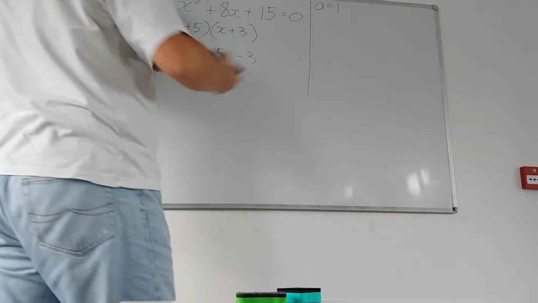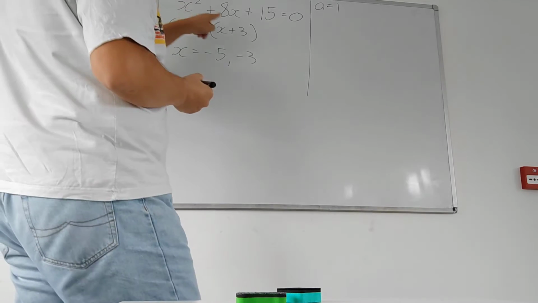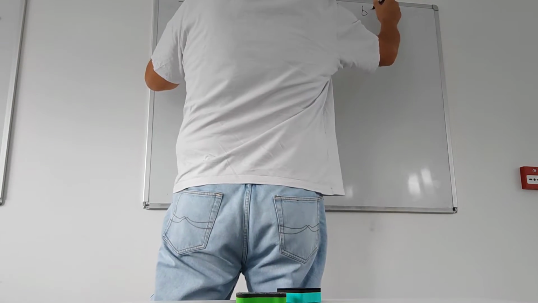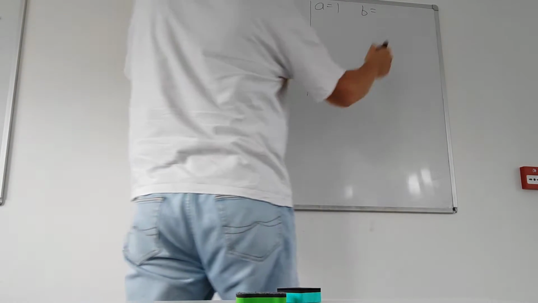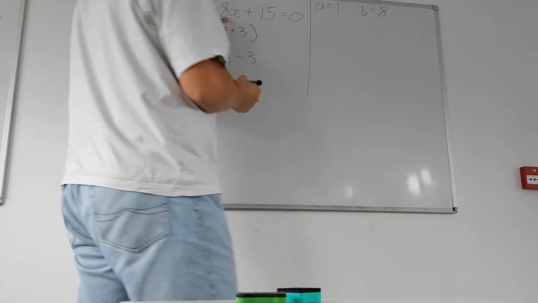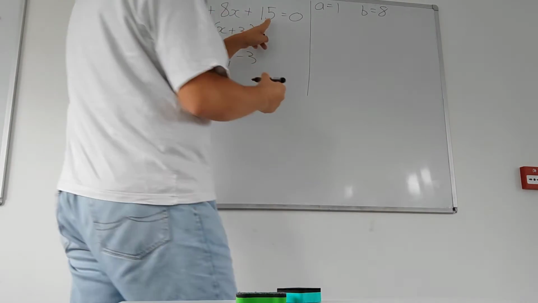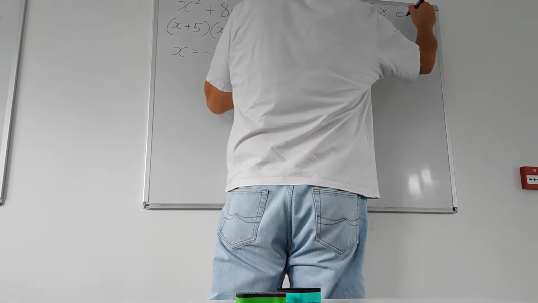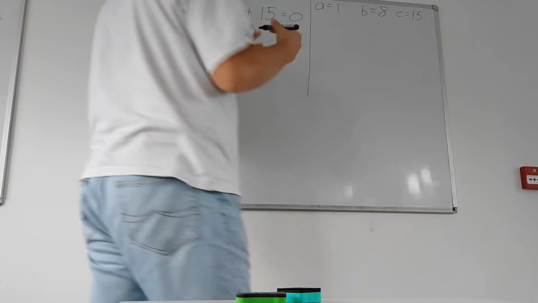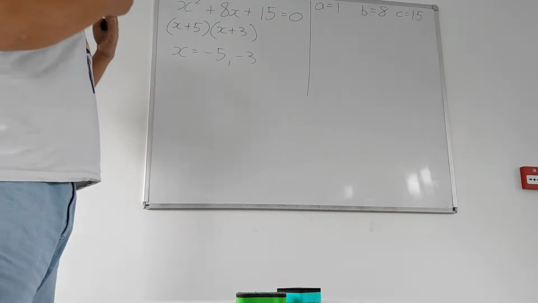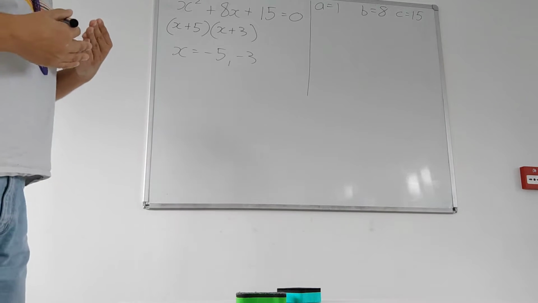So in this case, a nice easy 1. B stands for the coefficient of x, which in this case is 8. And C, the constant, is simply the number on the end. Again, I've picked these so they're easy. So it's a nice example.